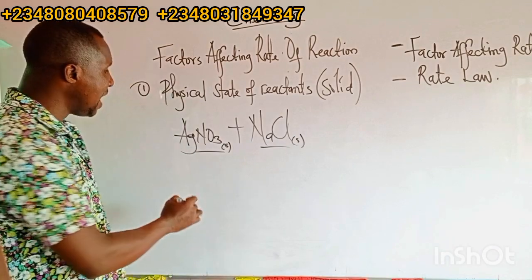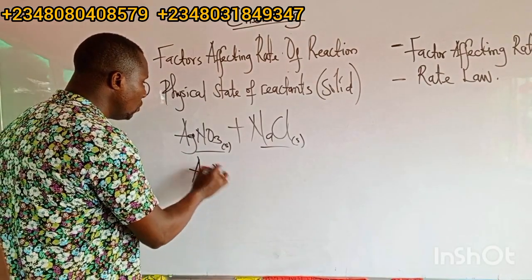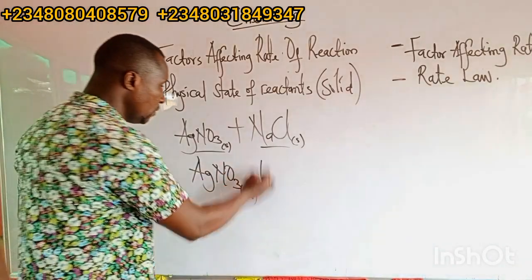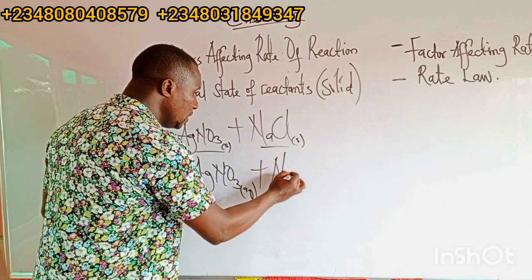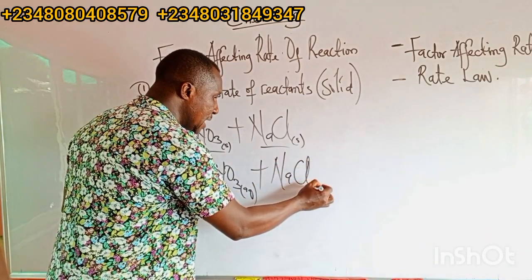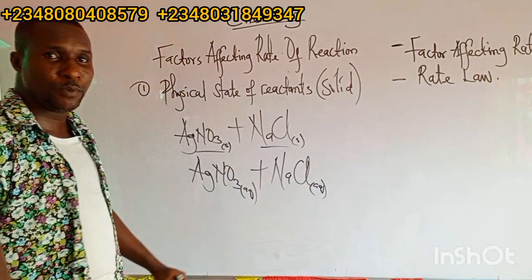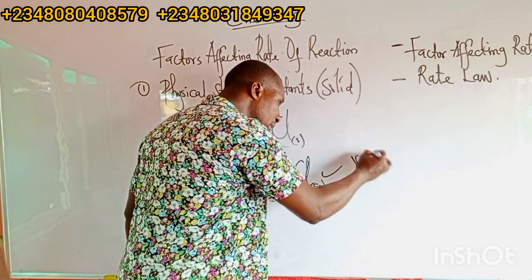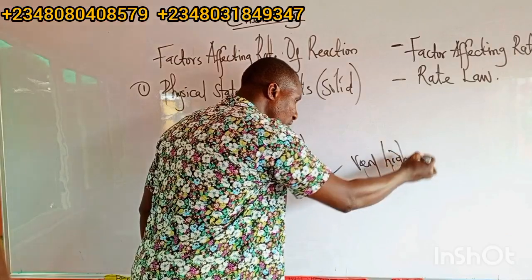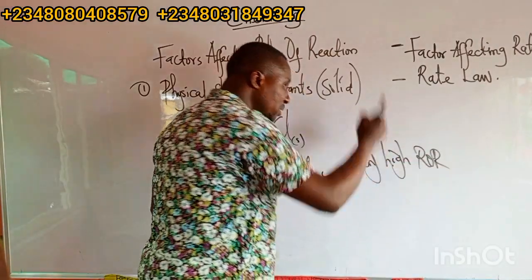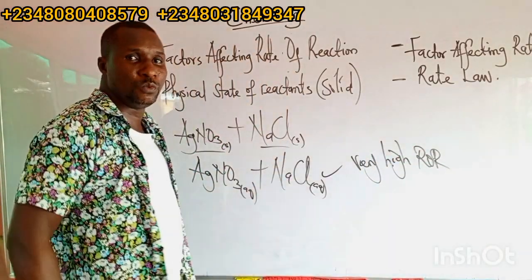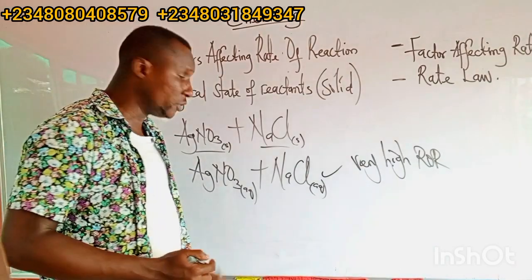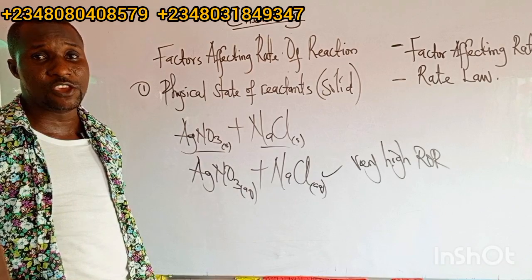But when you have silver nitrate aqueous and sodium chloride aqueous, both of them in aqueous state, this reaction has a very high rate of reaction. It will occur in microseconds because both of them are in aqueous state.